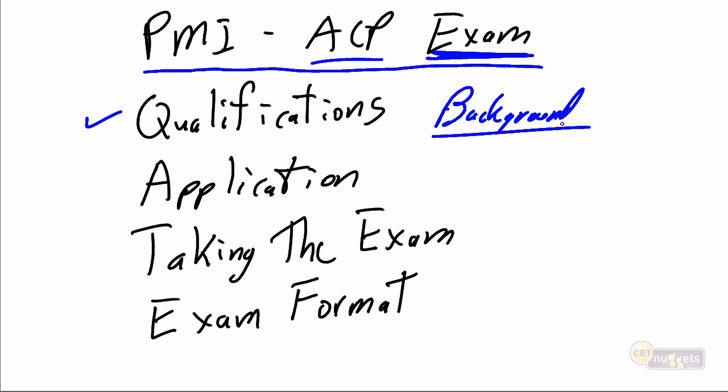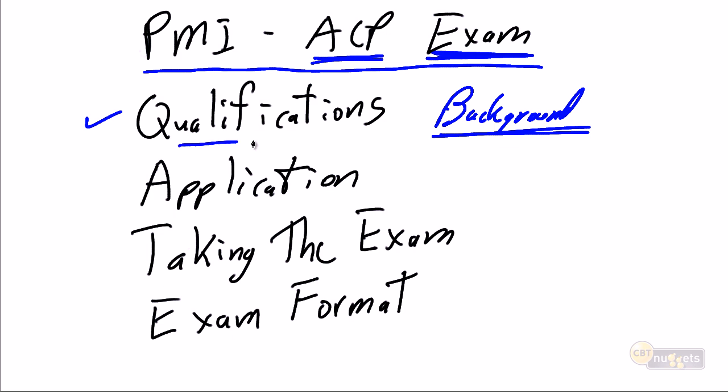You may take a bit of a gasp in a minute when you see what the qualifications really are, but compared to some of the other PMI certifications, the qualifications for the ACP are relatively light, and I would expect well within the reach of anyone interested in taking their ACP. But the expectation again is still there that you have gone through and have some experience in the trenches in project delivery and in Agile delivery.